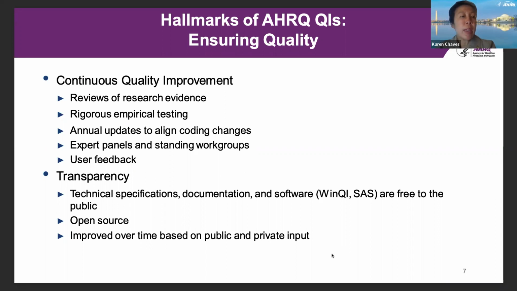So these are some of the activities that we are involved in as we conduct our continuous quality improvement. We review research evidence, do rigorous empirical testing, and annual updates to align coding changes. We consult with our experts and working groups, and also get feedback from users like you.